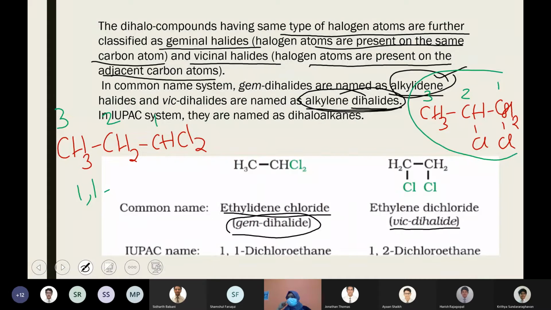What will be the common name? Propylene dichloride. Very good. Clear?